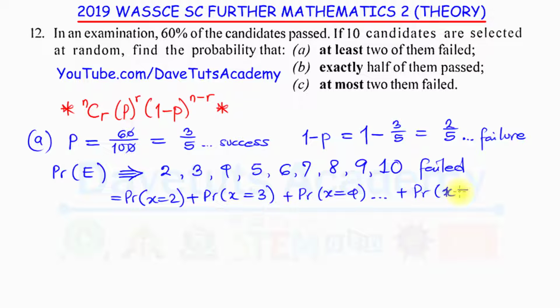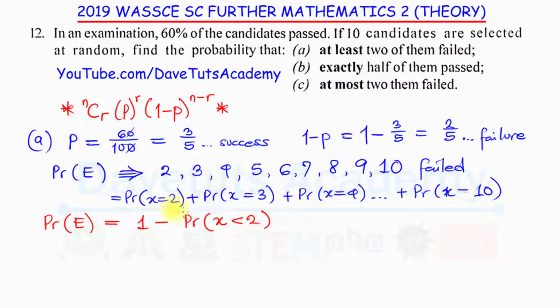And you can see this is going to be very Herculean, and that is not a smart approach to take. Instead of doing that, because we know that probabilities always add up to 1, we can express the probability of the event that at least 2 of them failed as 1 minus the probability that x is less than 2.